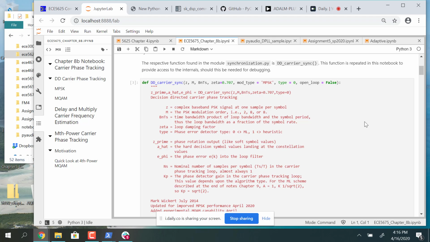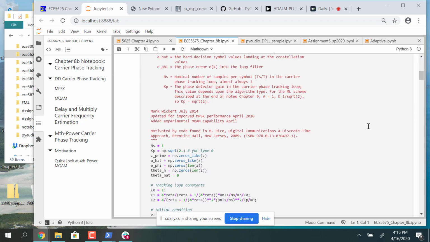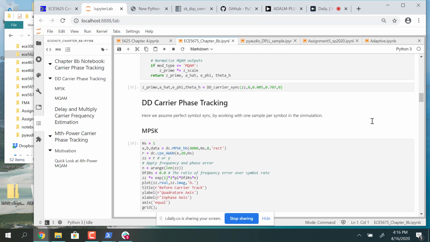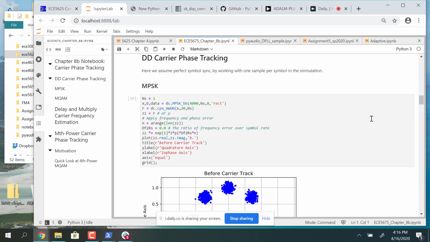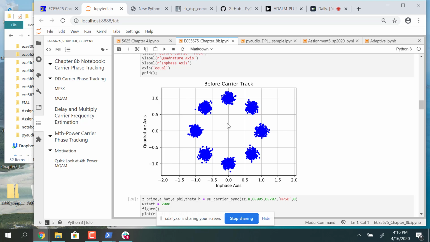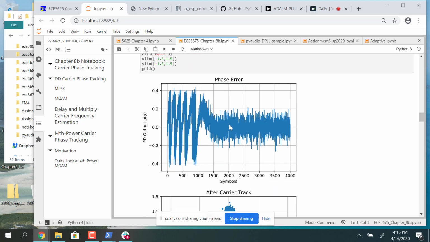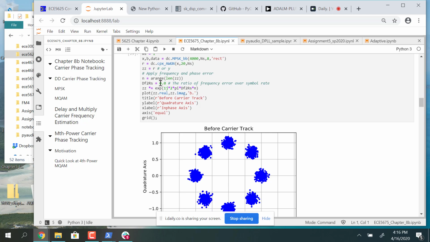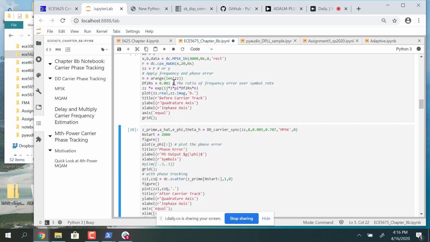So this is carrier phase syncing that we're doing here, and in this particular case, I have noise added to the system, and I don't have any frequency error at this point, but this is just showing you how the loop has to pull in. If I put the frequency error back on here, which I think was some number like 0, 1, I'm not positive what I had this set for.